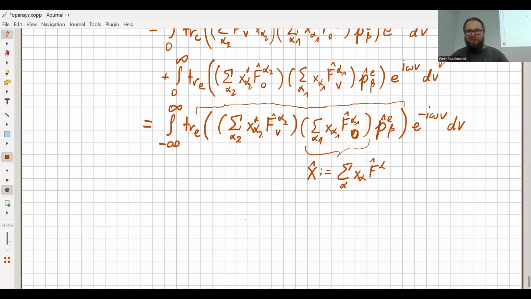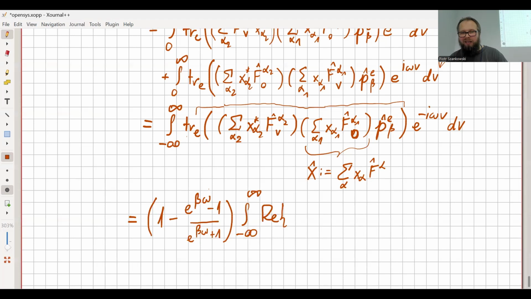So we can actually use the fluctuation dissipation theorem here because our initial state is a thermal equilibrium, and we can transform this guy here into the following form: 1 minus E beta omega minus 1 E beta omega plus 1 times the Fourier transform of a real part of this correlation function.